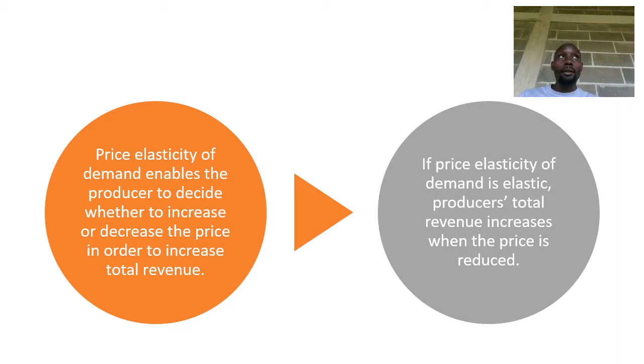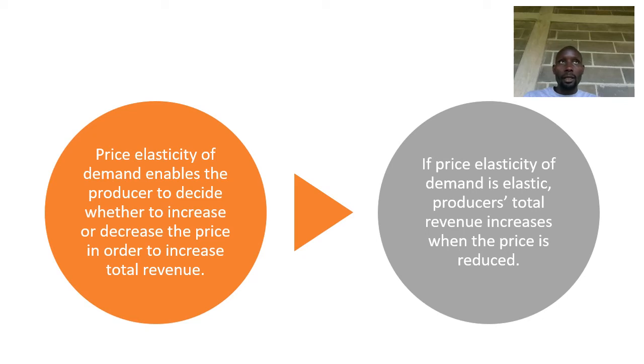If commodities are either price inelastic or price elastic, that gives the producer an idea on whether to increase or decrease price. Normally, if demand is elastic, producers' total income increases when the price is reduced, just because consumers respond too much to a small change in price of that commodity.